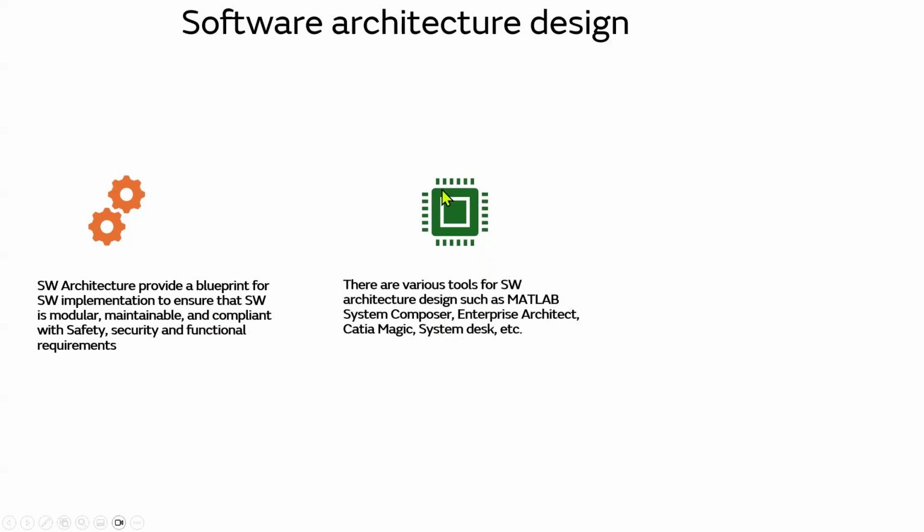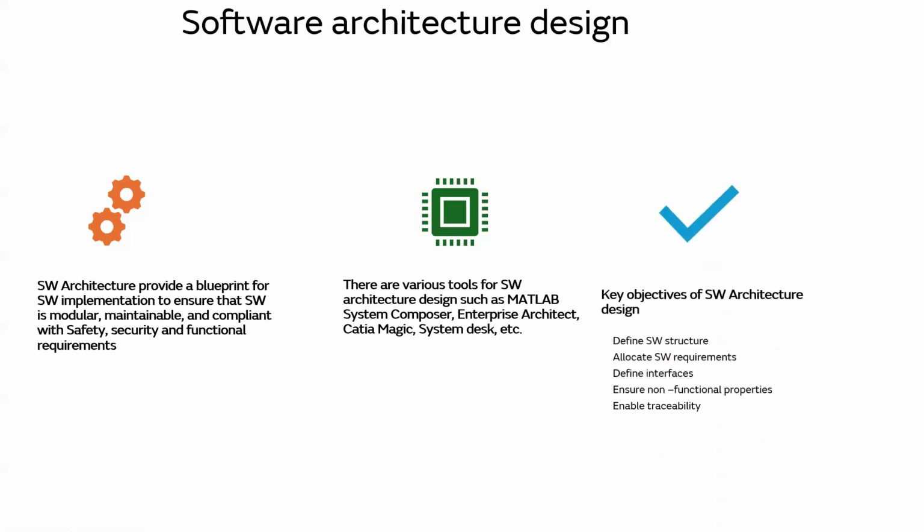Similar to what I said about requirements tools like DOORS and all of that. So for architecting, you have multiple tools. And majority of these tools are not taught at the university, so you tend to find them when you move to the company. But MATLAB System Composer should be available if you are using MATLAB in your school. That toolbox should be there.